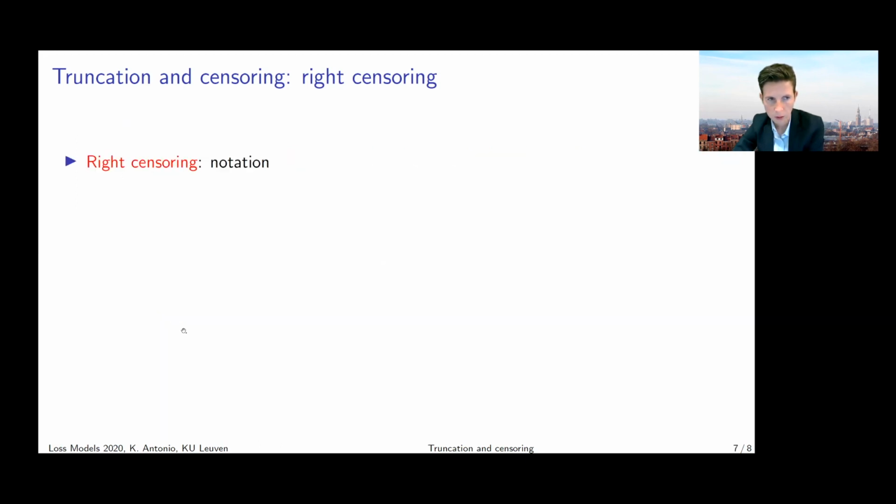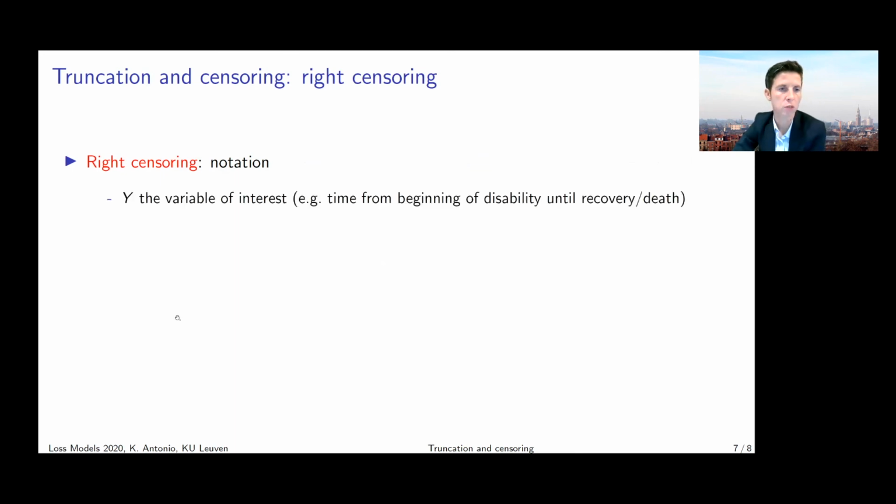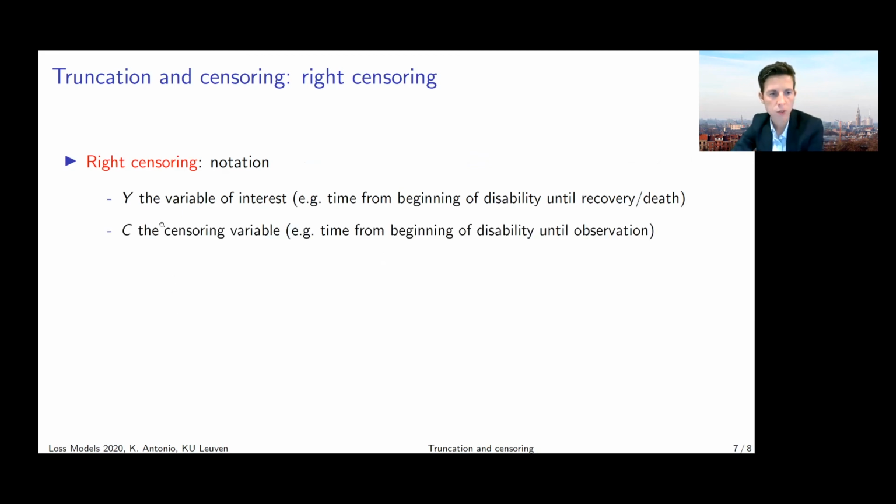Yeah. A little bit of notation. It's not so important yet, but it will become more important towards the end of this course. So if you think about right censoring, you say Y is the variable of interest. C is our censoring variable. So for example, it's the time from the end of the waiting period until the present moment. And Y is the time between the end of the waiting period and the recovery.